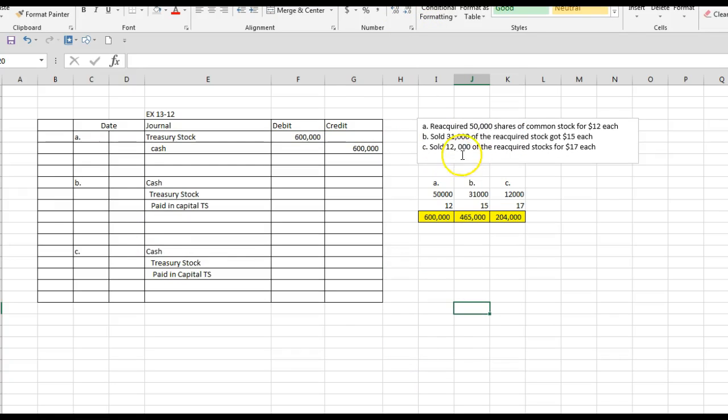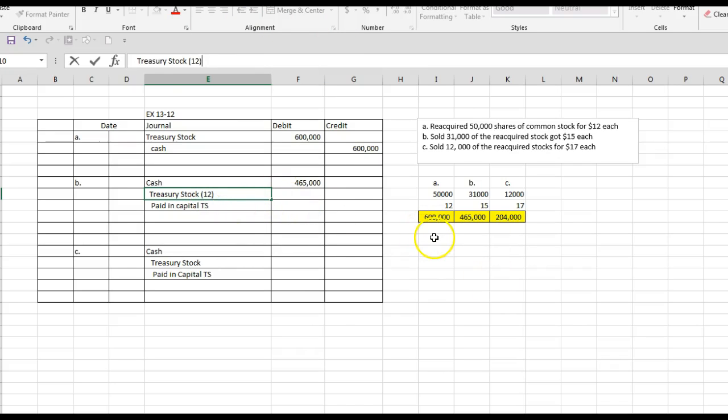So we sold 31,000 for $15 each. Okay, so $15 is going to give us 31,000 times 15, or a total of $465,000 here. But this treasury stock, its cost is $12, and we sold it for $15. So we can pretty well tell you we're going to have paid-in capital from treasury stock.